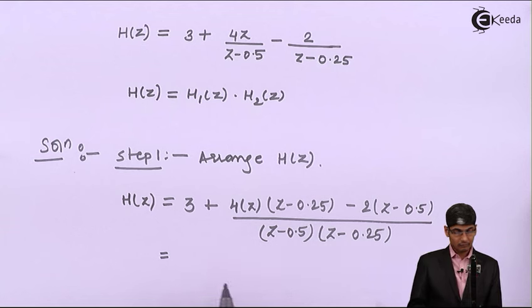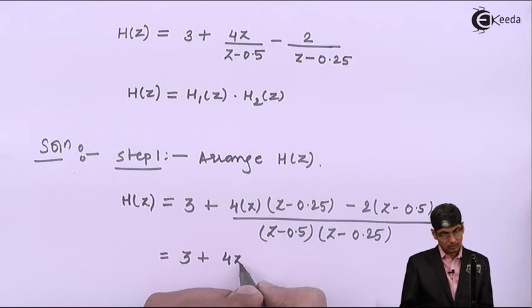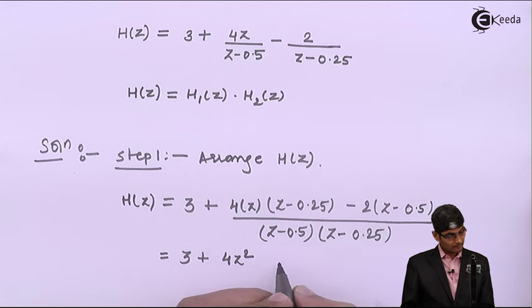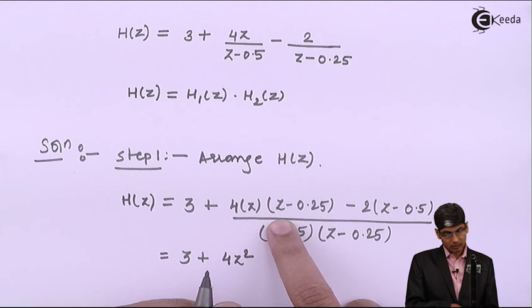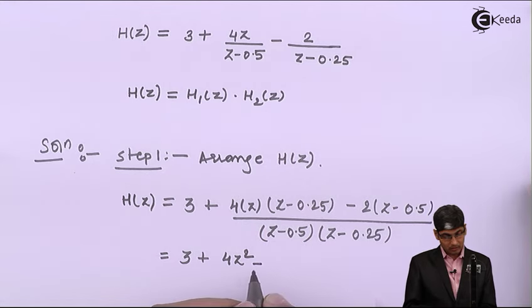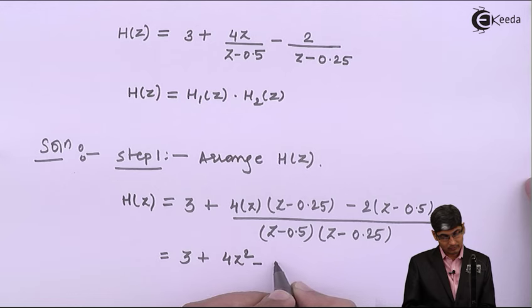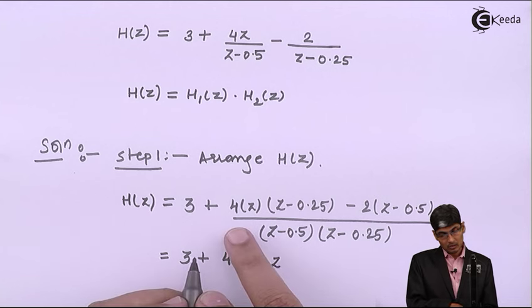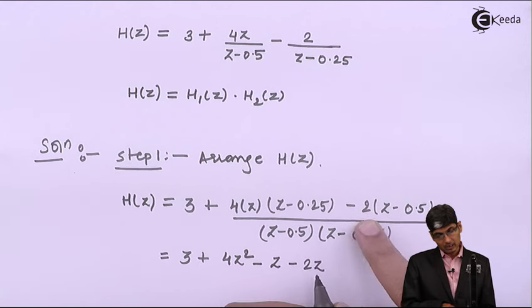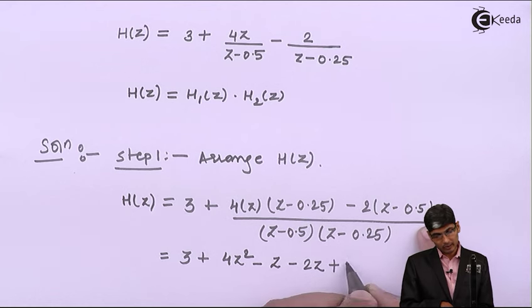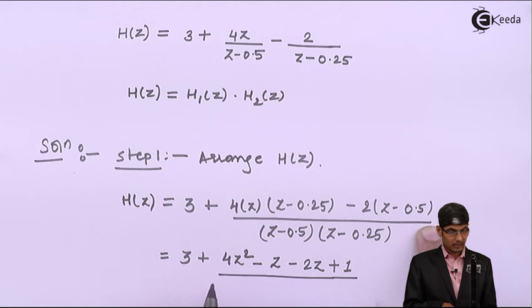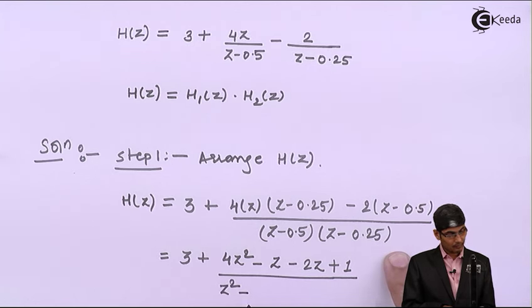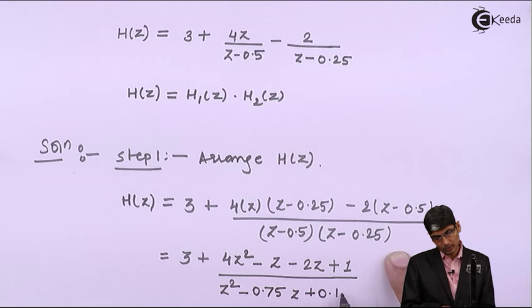So that will give me 3 plus 4z square minus 1z, because 0.25 into 4z is 1z, then here it becomes minus 2z, and this becomes plus 2 into 0.5 is 1, divided by the denominator, which comes as z square minus 0.75z plus 0.125.